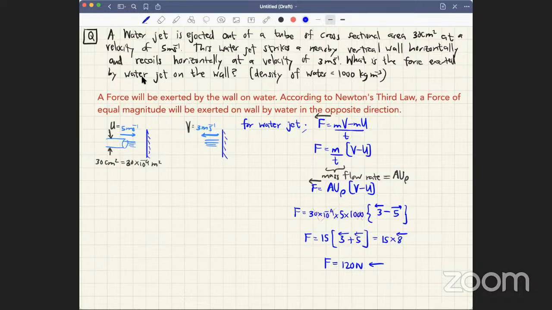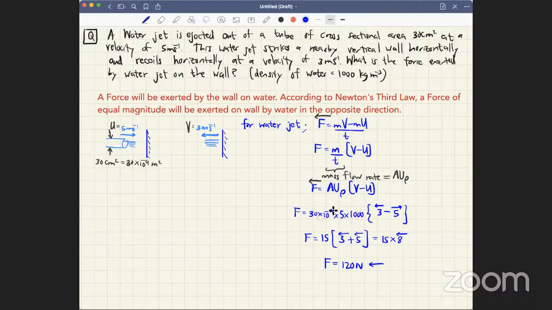Why can't we use 3 as the velocity? You can't use 3 as the velocity because water is not approaching the wall at that velocity. Water is approaching the wall at 5 meters per second. So every second, area into this velocity times rho is the water coming towards the wall, and that amount of mass is undergoing the change.